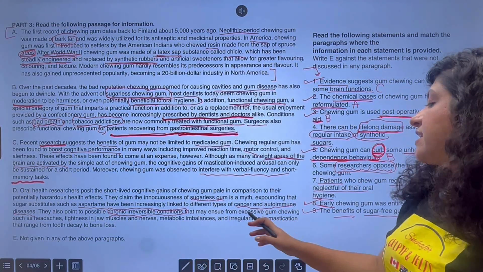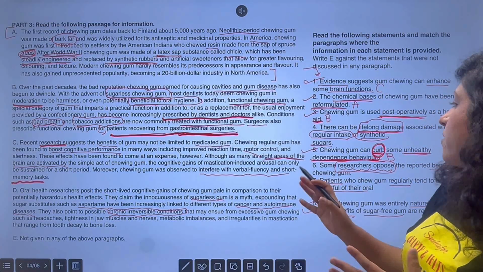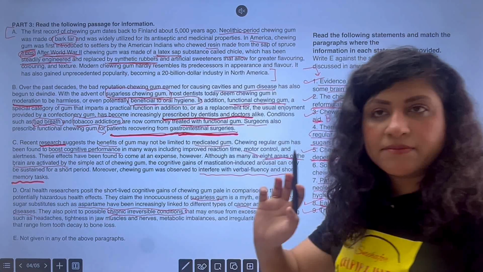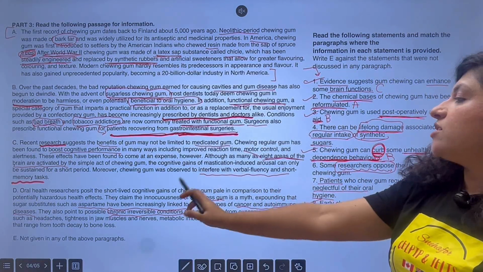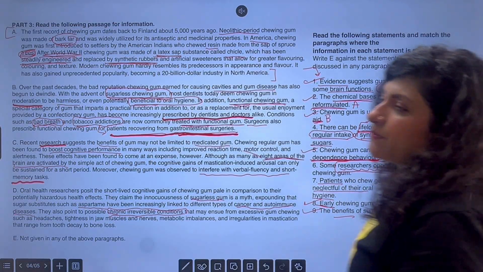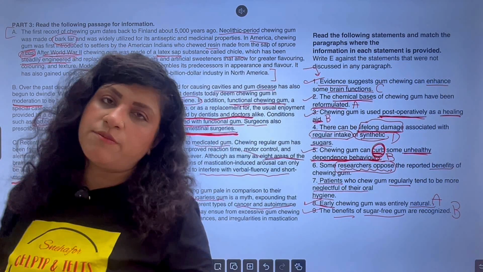Health conditions such as cancer, autoimmune, and is it talking about synthetic sugar? Yes. Sugarless gum, aspartame. So this information is there in D. So this is going to be D. This is the answer for question number 4.